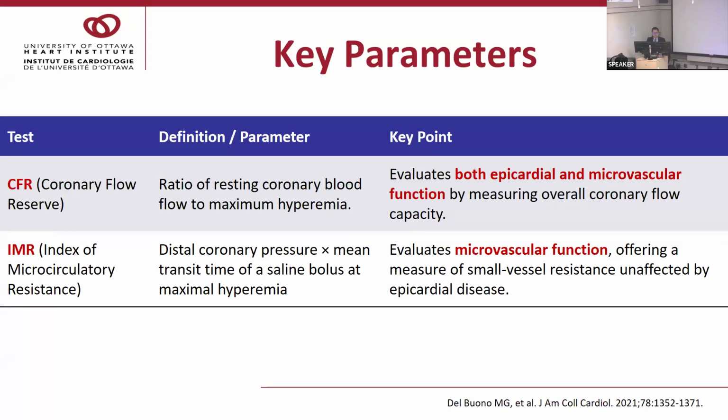CFR is essentially a ratio of resting blood flow to maximal hyperemic flow, and IMR is defined as the product of distal coronary pressure and mean transit time over saline bolus during maximal hyperemia. It is important to remember that the CFR represents both epicardial and microvascular function, whereas IMR represents microvascular function only.